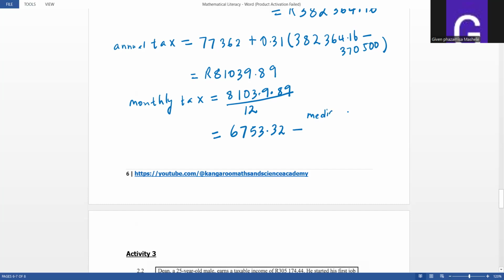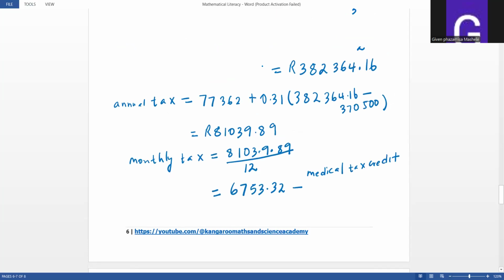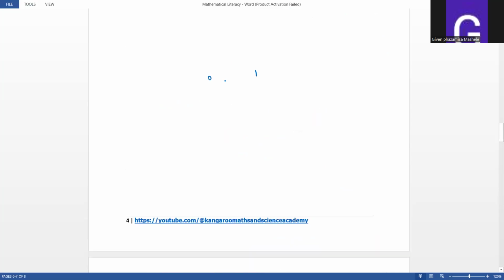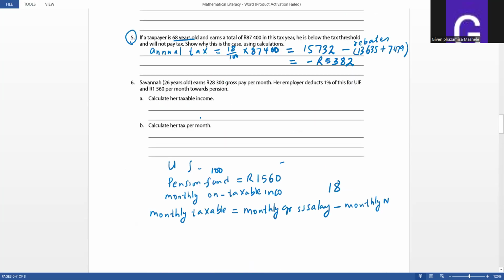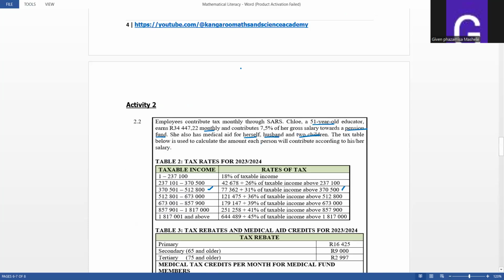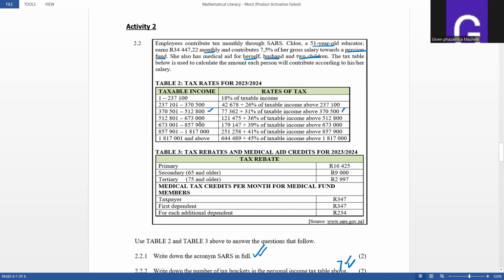And according to this, they said this person has a medical aid for herself, the husband, and 2 children.